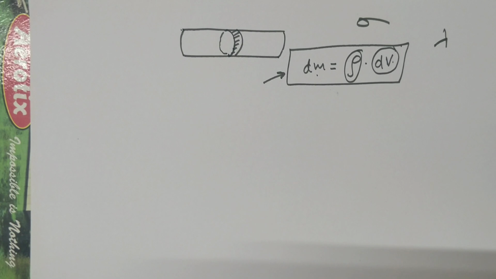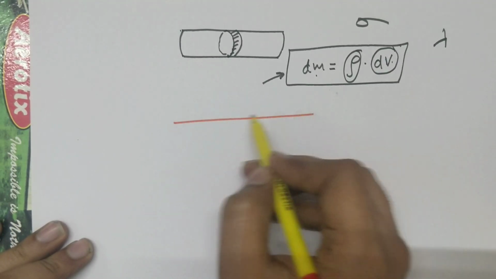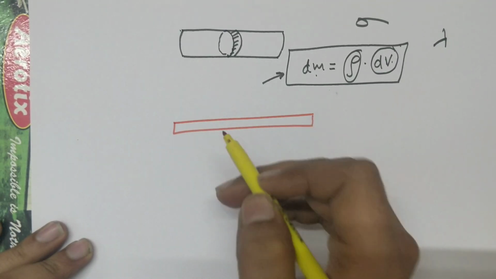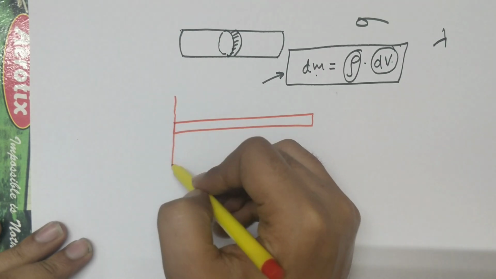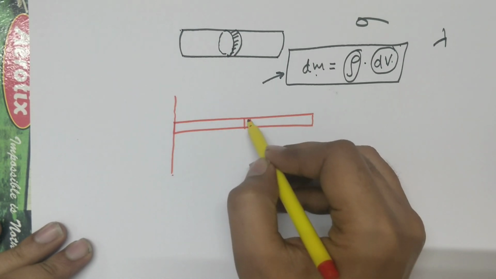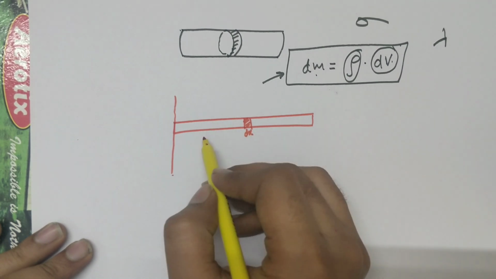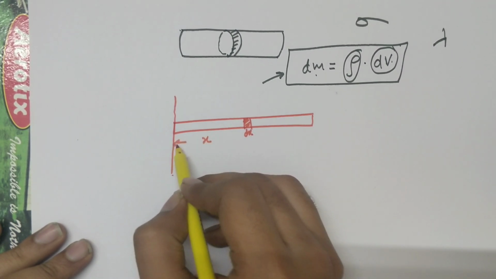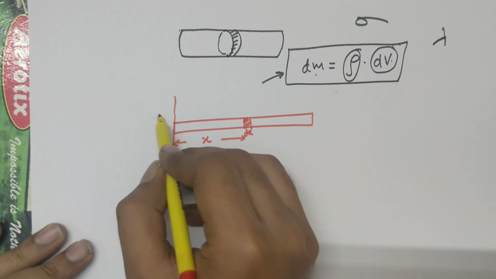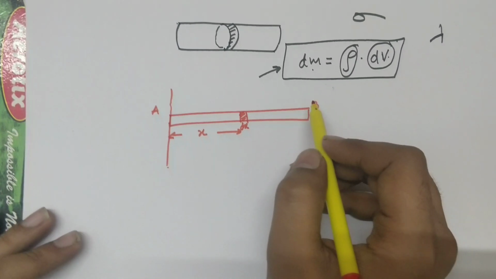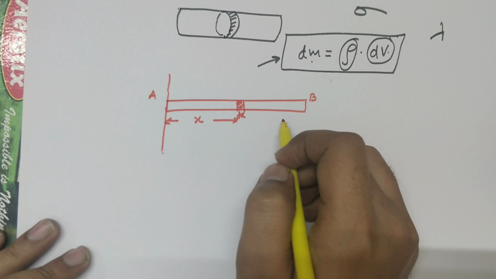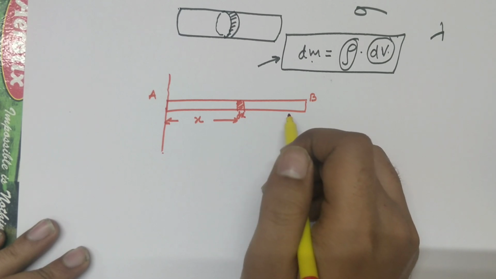Suppose this is a uniform rod. Suppose you have to consider a portion that has length dx. It is at a distance x from the end of the rod, and this is a uniformly distributed rod, so the mass distribution is uniform.